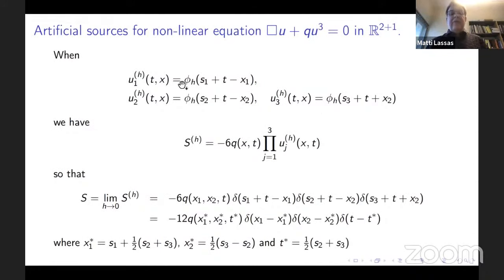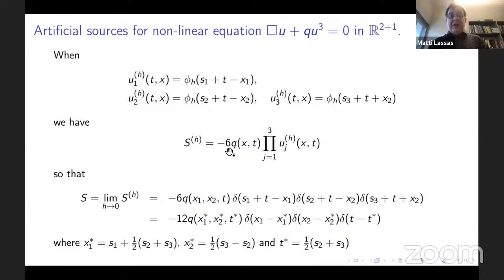We use these kind of bump waves that propagate in certain directions. And when we compute the artificial source for these three smooth plane waves, then we get the product of these 3 functions multiplied by Q and some constant.